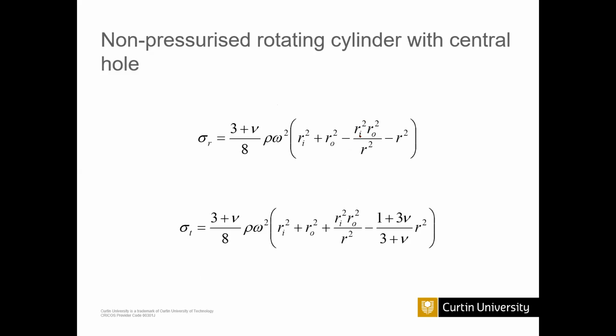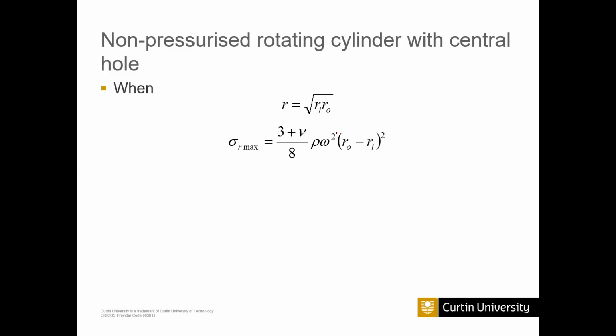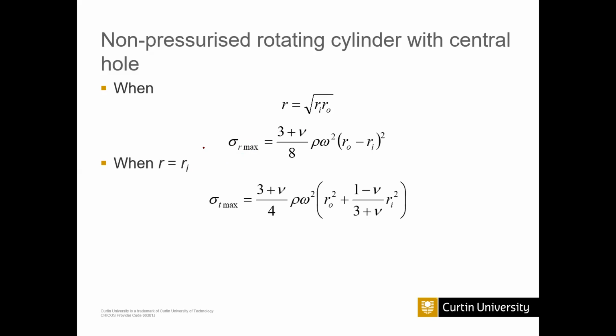Ri times R naught, square root, gives R squared. You end up with this equation. When R equals Ri, this is the maximum value, because at the inner surface it is the maximum radial stress. Then the tangential stress is the value.